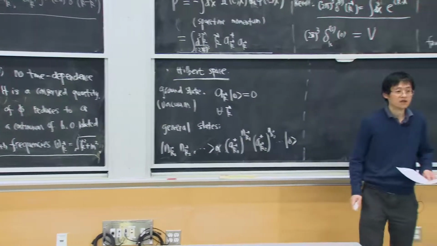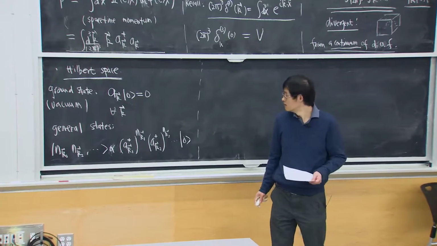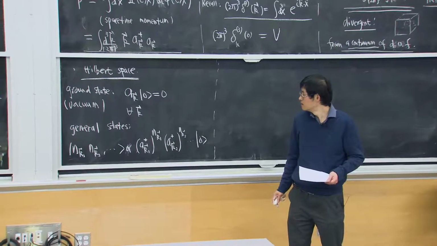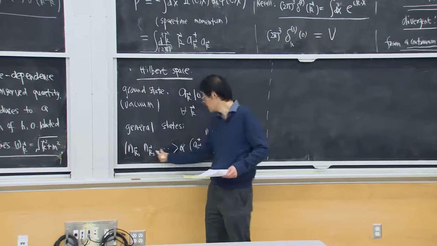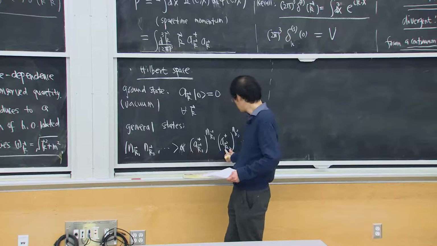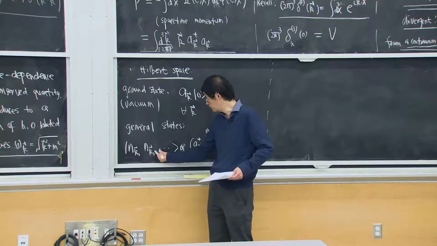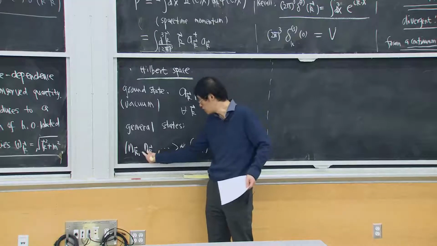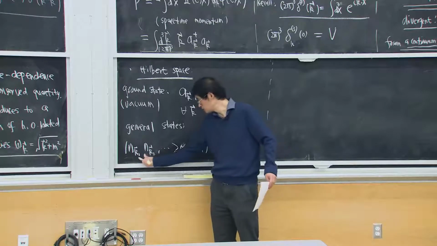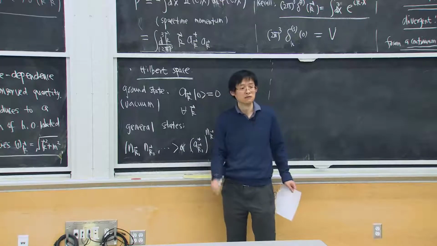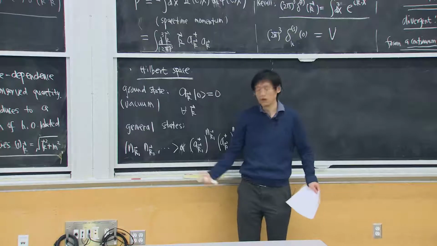Yes? In the notation for the detector, it looks like we have a countable number of frequencies. You mean here? Yes. Yeah, here I'm just saying it depends on which k are excited. That's a very good question. I will comment on related issues very soon. But here I'm just writing down some states. Yeah, I excite k1, k2, as many as I want.